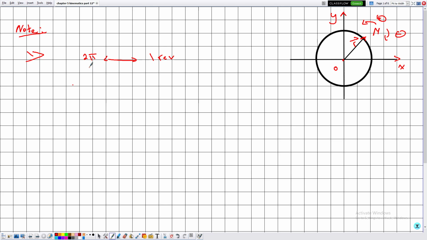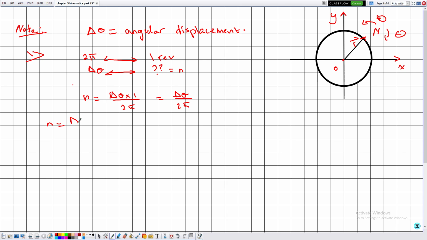So in this case, what about an angular displacement delta theta? Delta theta here is said to be the angular displacement. All of these quantities have the same name as in the case of rectilinear motion, but they are preceded by the word angular. So this is equal to n. Now if we cross multiply, n is equal to delta theta multiplied by 1 divided by 2 pi, which is equal to delta theta divided by 2 pi.